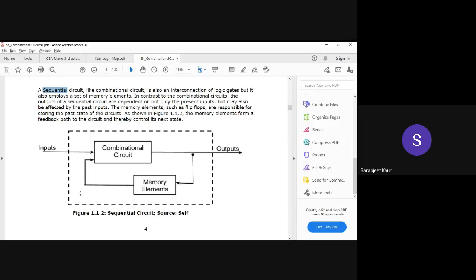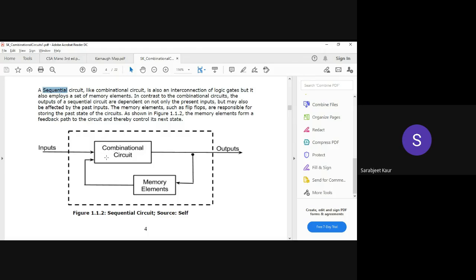So you can see here that a sequential circuit is a set of interconnected circuits. That means a combinational circuit itself and memory elements, for example, flip-flops, which are attached, as I explained last time. These memory elements are put in to store the output that we get from the combinational circuits. So the outputs are also given out to the user and they're also stored in these memory elements. Now at the next time instant, what are the inputs to this combinational circuit?